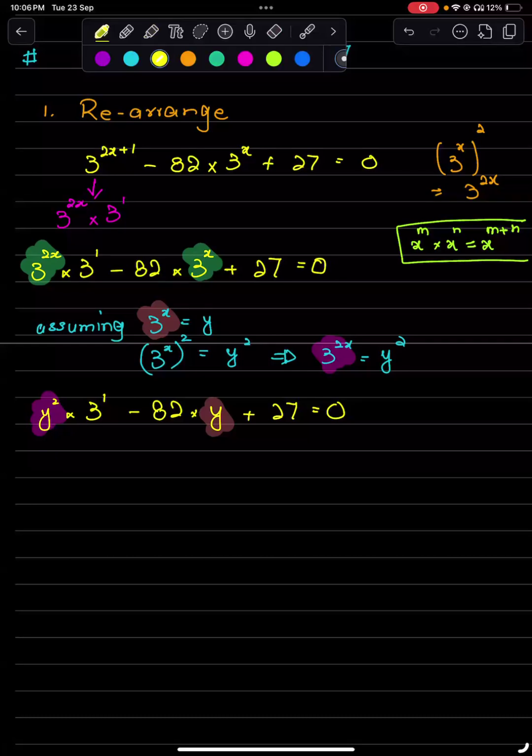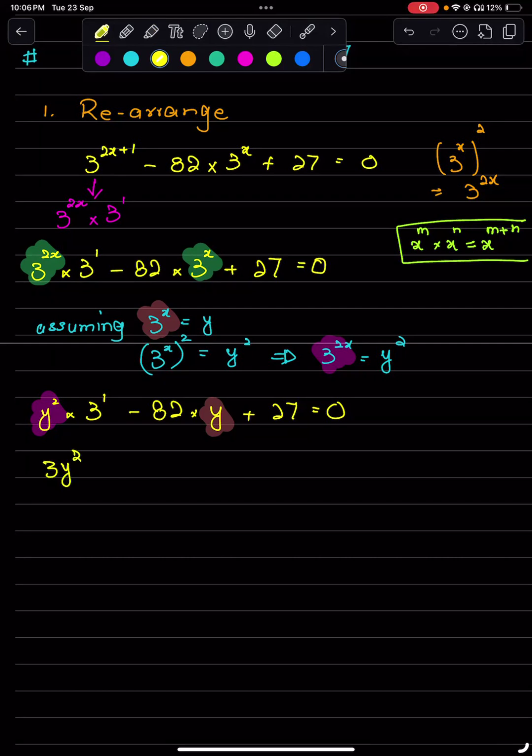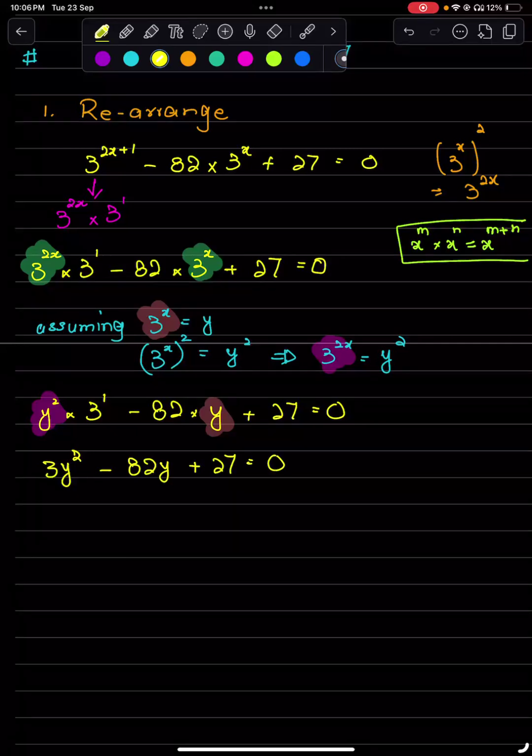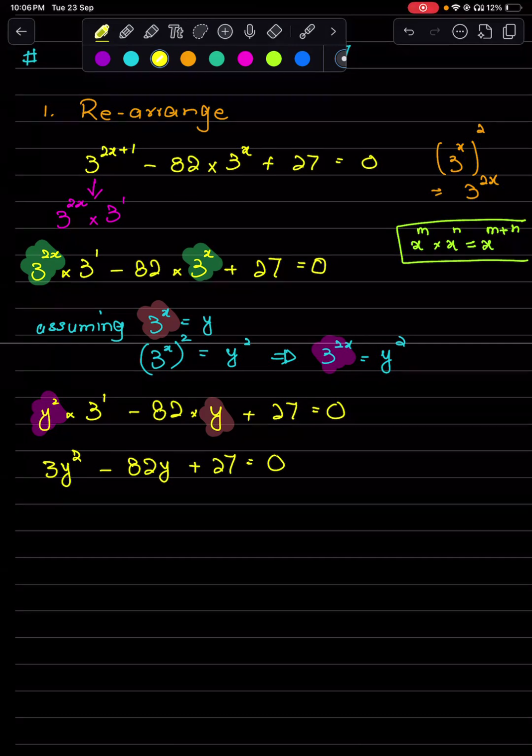Yeah, makes sense. Okay, now I can write it as 3 into y squared minus 82y plus 27 is equal to 0. Can I simplify this? Is 82 a multiple of 3? Can I divide the whole equation by 3 or not?